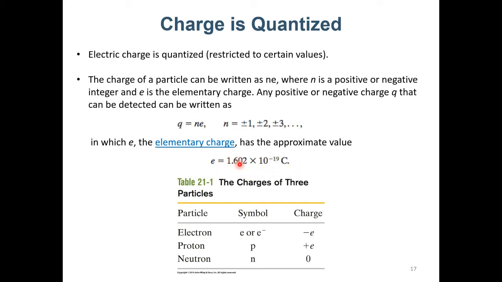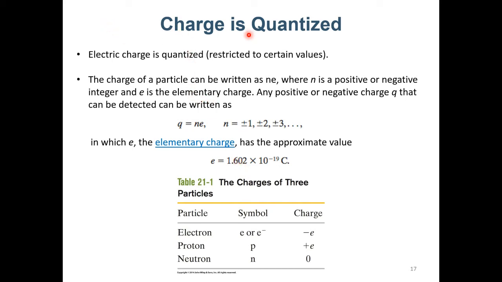I usually make it 1.6 times 10 to the minus 19. Just ignore the fourth significant digit, it doesn't make a huge error, so this is just fine.